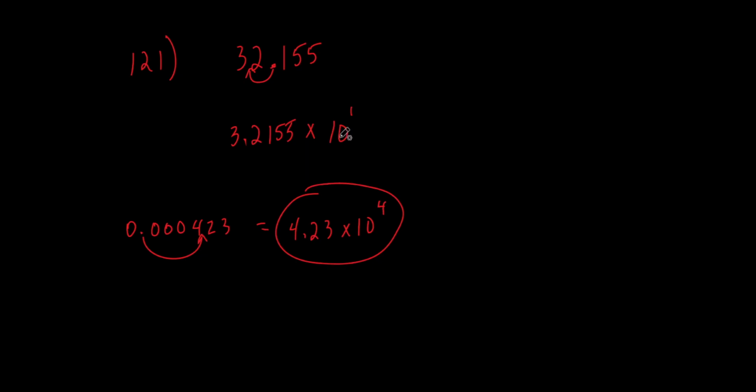Does that make sense? Watch this one. This went to the right 4 places, and so this is going to be to the left 4 places. Yeah, I like that better. That's the way I used to teach it all the time, and when I did it yesterday, I didn't say that. I thought it would be too confusing, but I like that way better. Everybody see that? Let's do another one real quick.